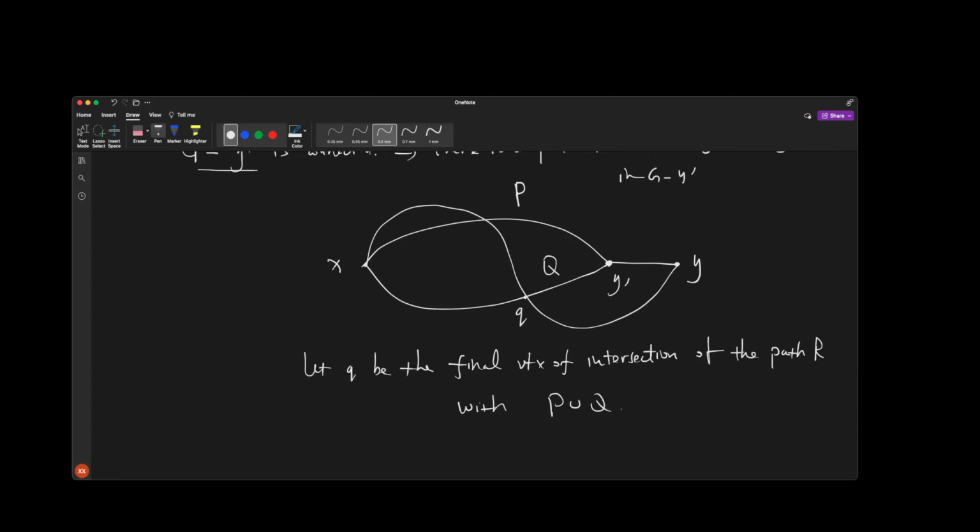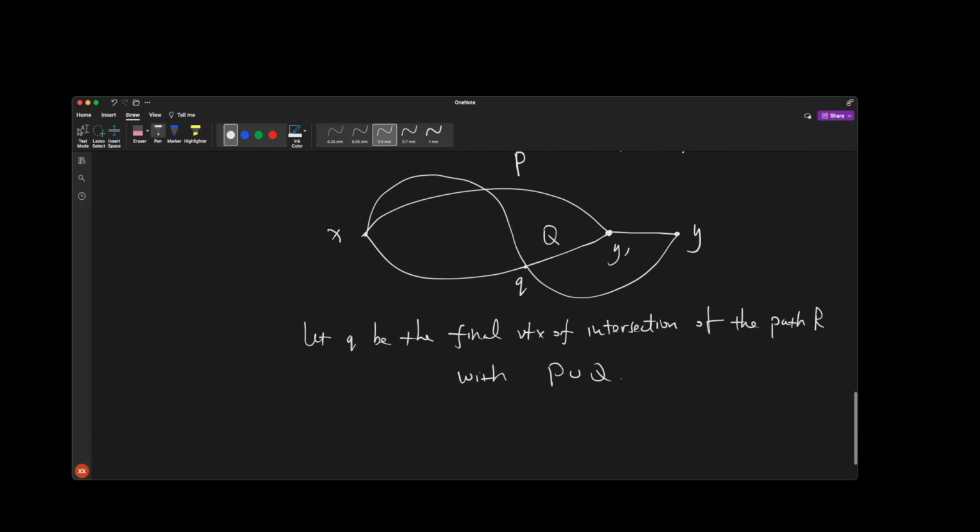So we have enough things at hand. For example, we can take Z to belong to the path Q. We are trying to find two paths.